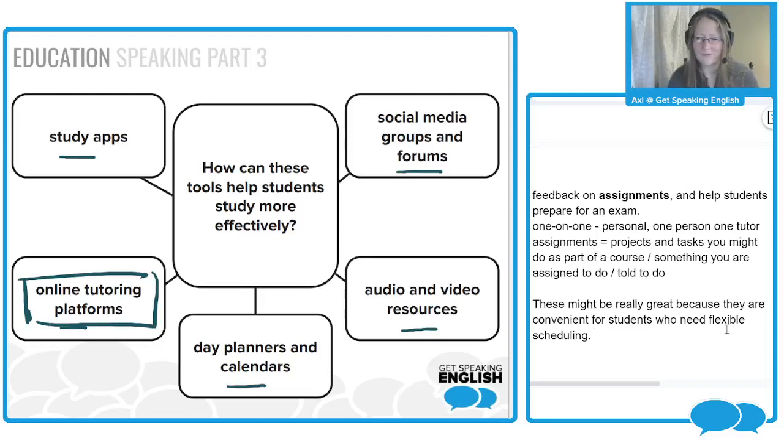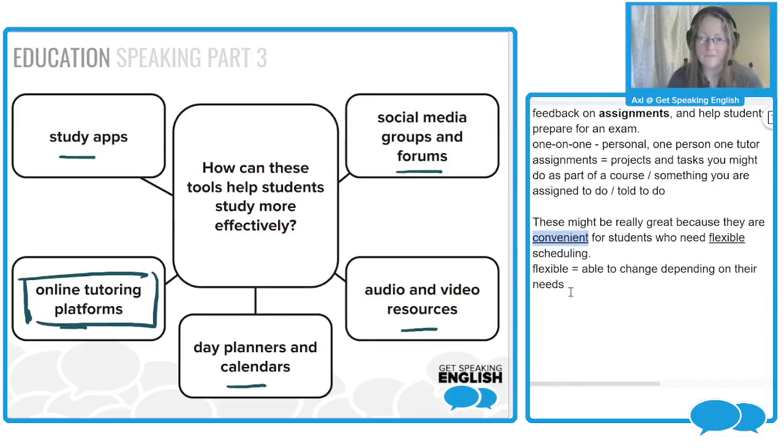So if they need a flexible schedule, it's able to change depending on their needs. They can adapt it for their needs. And if something is really convenient, that means it's very useful.